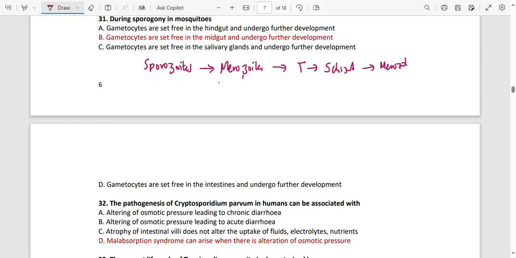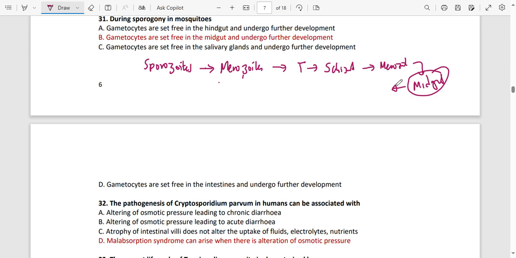Those gametocytes, when the mosquito gets a blood meal, specifically in the midgut of the mosquito, that will be the mosquito life cycle, they are going to now undergo fertilization. Remember, you have got both the male and female.